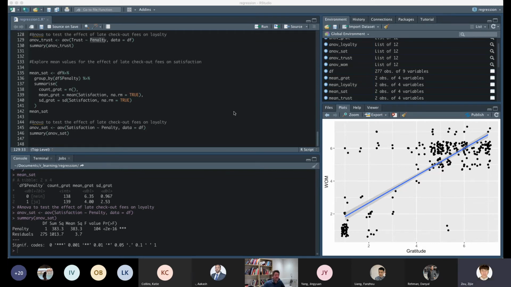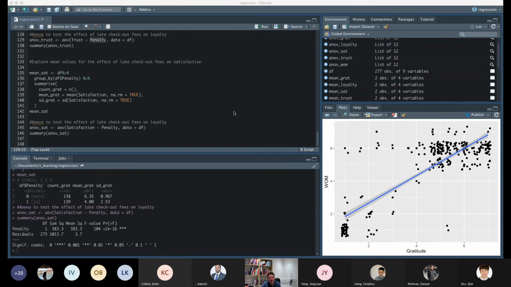But that's a broader topic, to be honest. Usually the analysis you use basically depends on the type of variables you have. Usually you do a regression when you have continuous variables, like our relationship variables.